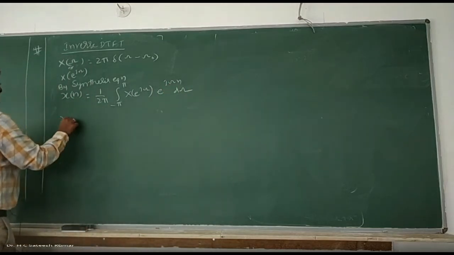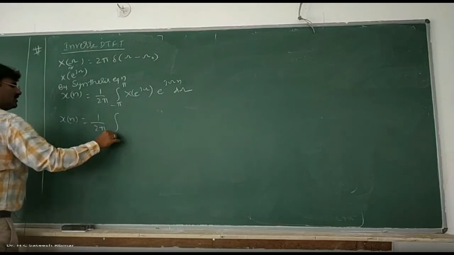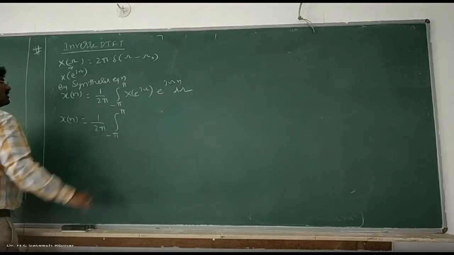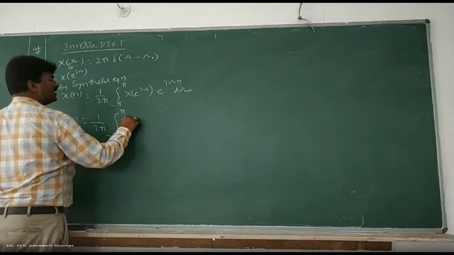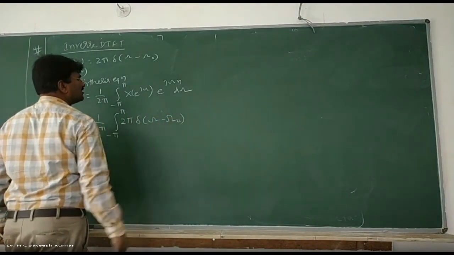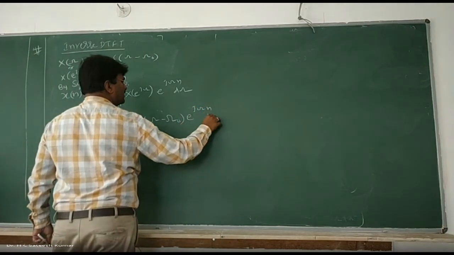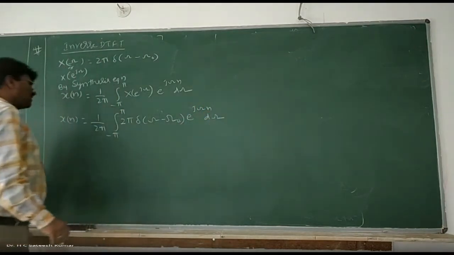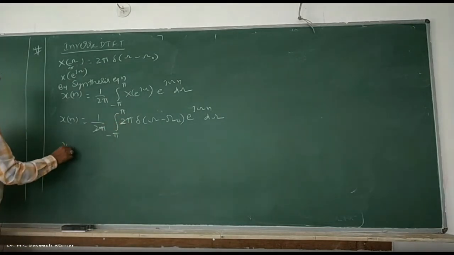So x of n is equal to 1 over 2 pi into the integration from minus pi to plus pi, where X of e to the power of j omega is 2 pi into delta of omega minus omega naught, into e to the power of j omega n d omega. The 2 pi gets cancelled.